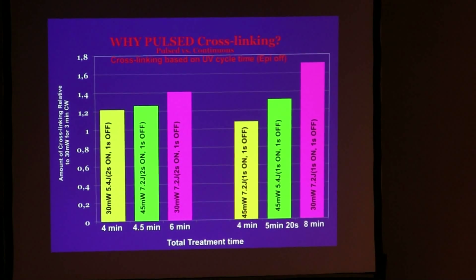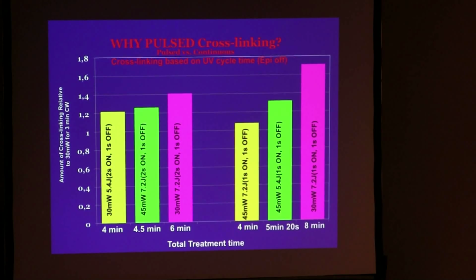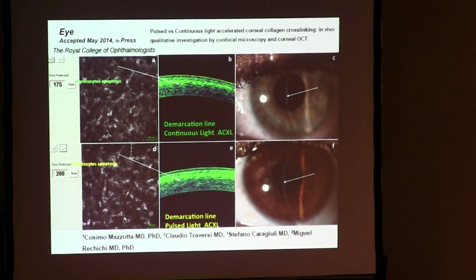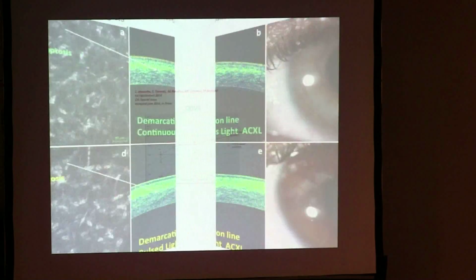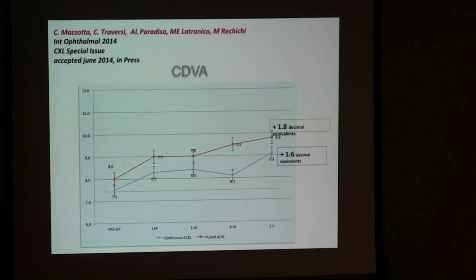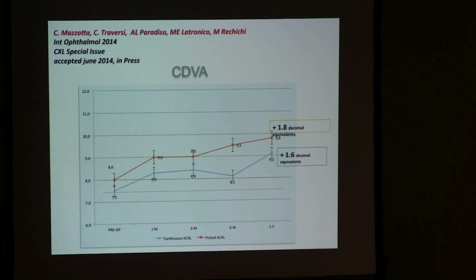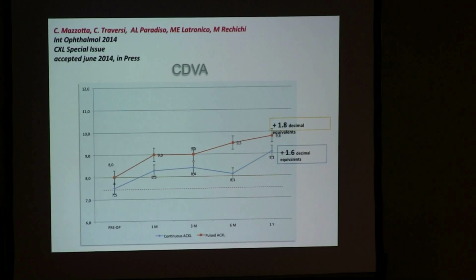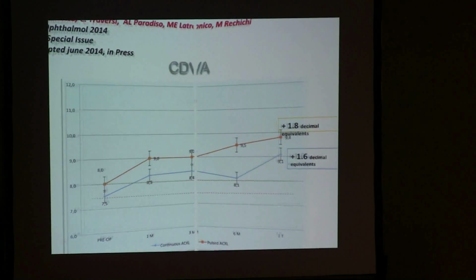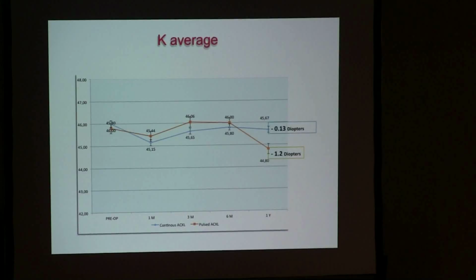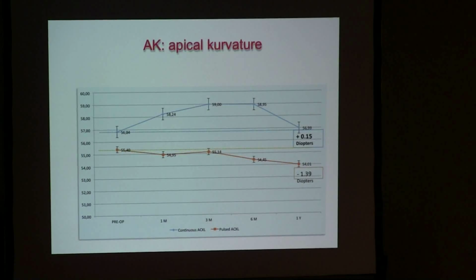So from lab studies we had better results, and we started a clinical study in which we compare pulsed versus non-pulsed, and we published this work. We had a better result, not statistically significant, but better in visual acuity, in K average, in apical curvature.